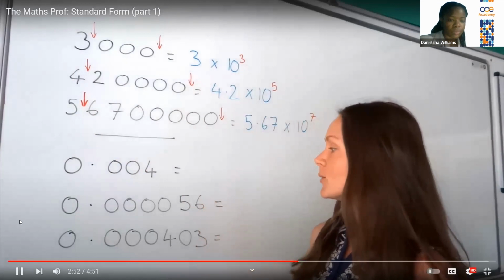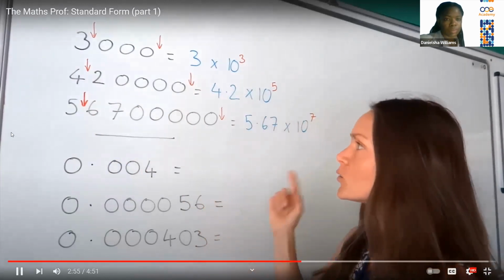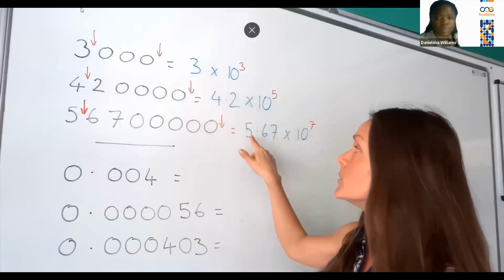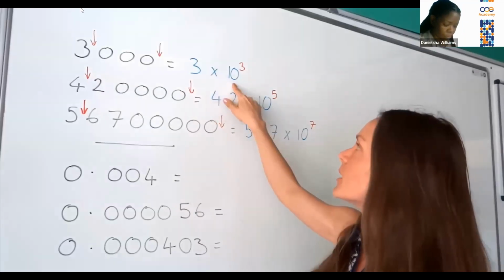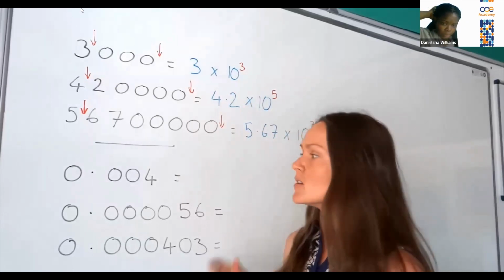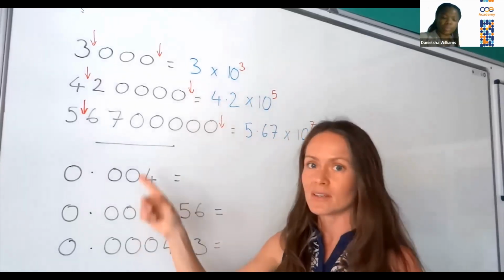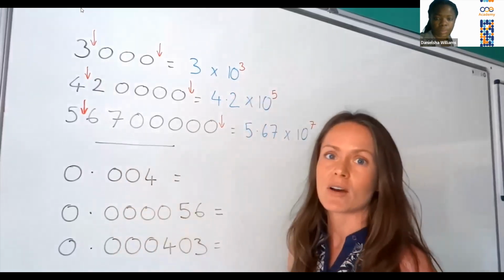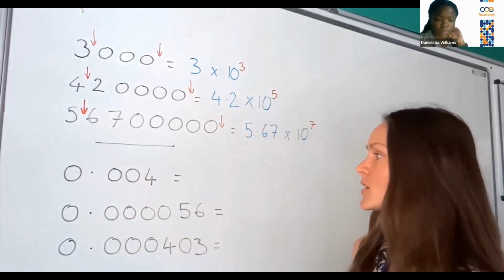Okay? Now, with small numbers, it's almost the same. It's still the same idea with this number between 1 and 10 and timesing by 10, except the power this time is going to be negative. So whenever you've got really small numbers, like these ones, the power on the 10 will be a negative power. So let's do the first one.